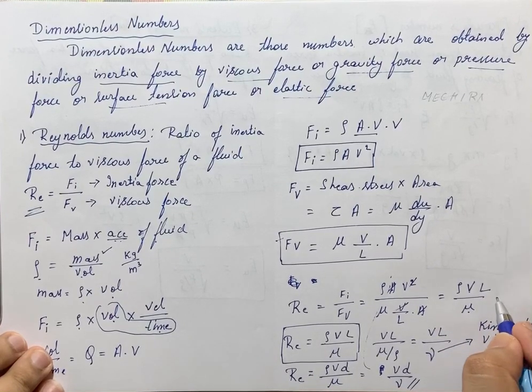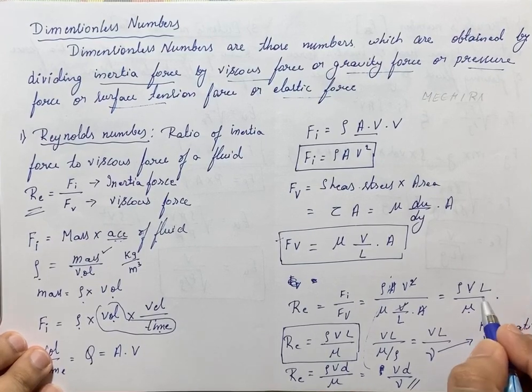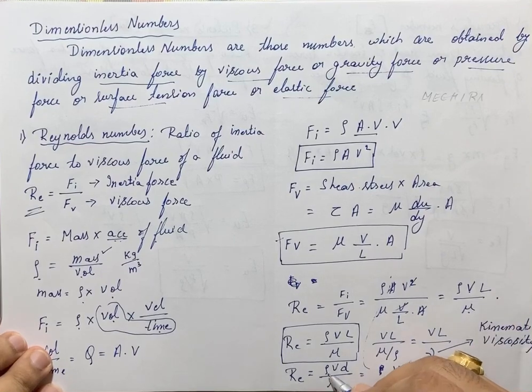This is the Reynolds number, where L is a linear distance. When we have a pipe flow, this L is replaced by the diameter of the pipe. So I will get rho V d by mu, right?